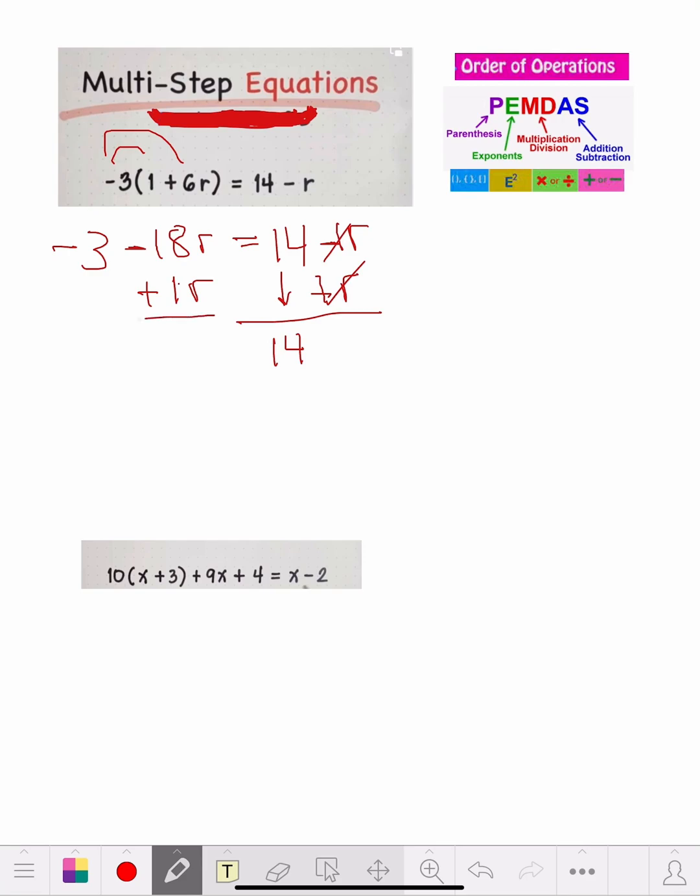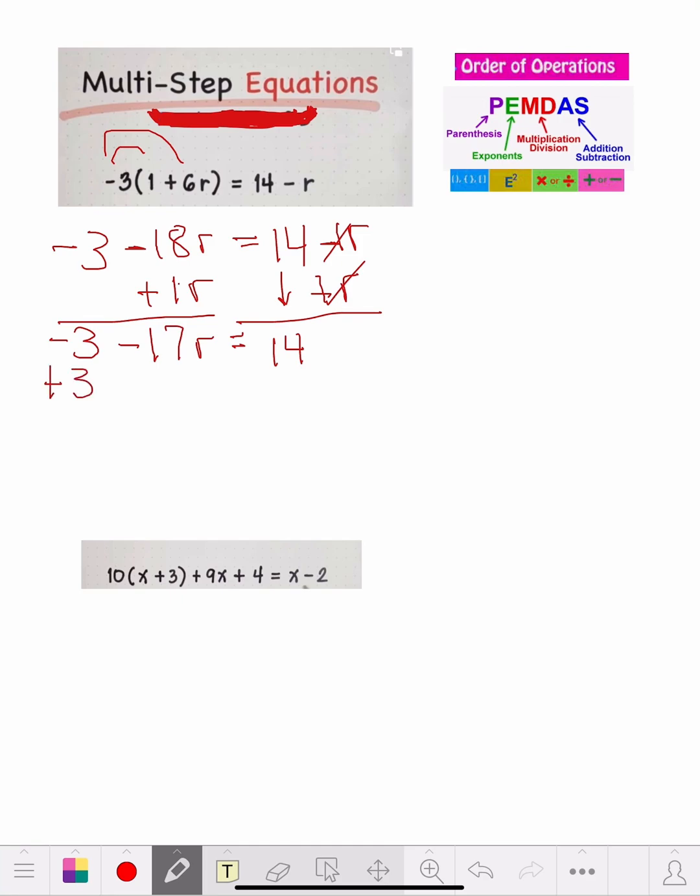Now, let's see what we got over here. The -3 comes down. And -18r plus a 1r, we're going to have a -17r. Equals. Now, I'd get rid of the -3 over there, so we want to add 3 to both sides.